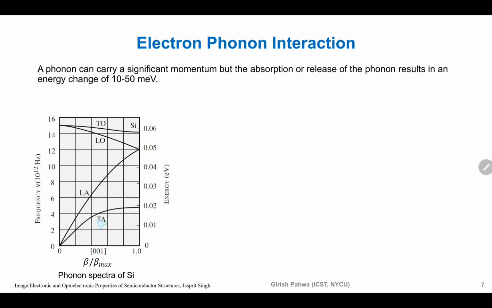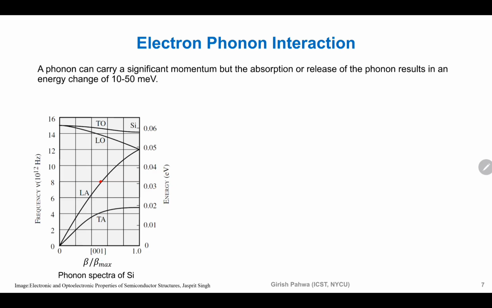Any point in any of the branches, say if I pick this one, is a phonon which has an energy of frequency times the Planck's constant. And the wave vector is somewhere here.